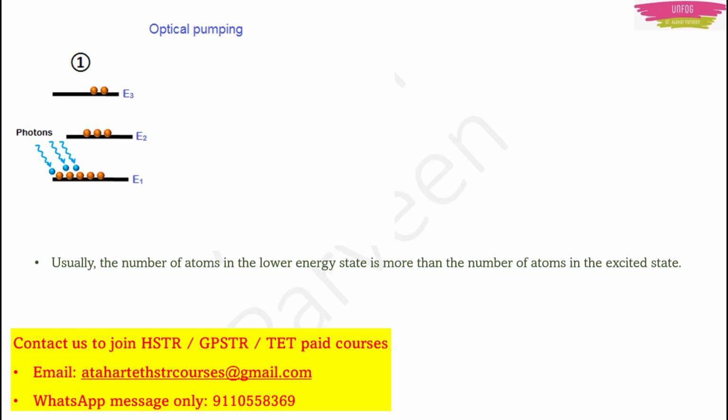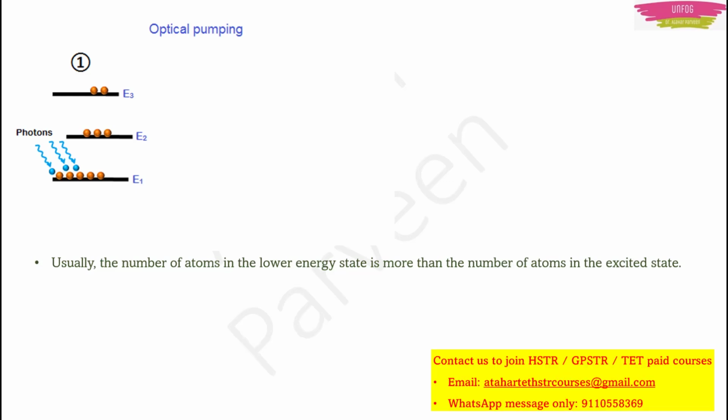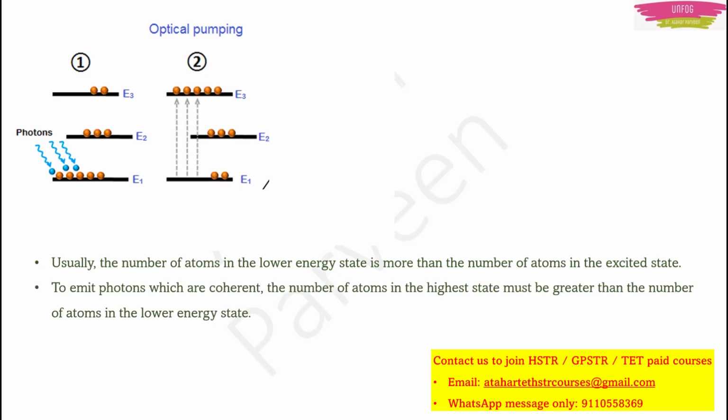Here, usually the number of atoms in the lower energy state will be more than the number of atoms in the excited state. Now here we are giving photons, right? But if you want the electrons to give the photons back, or to emit energy, what should be happening? The electrons in the higher energy level should be more, right?